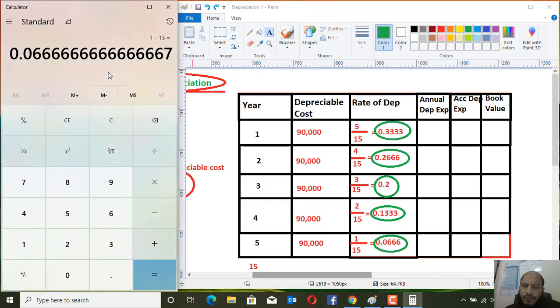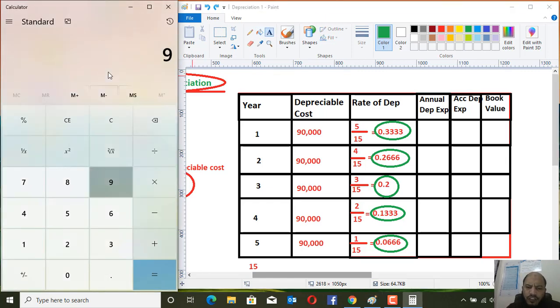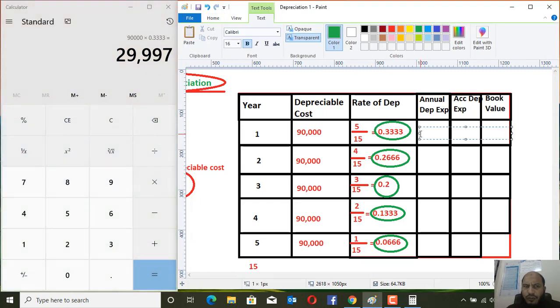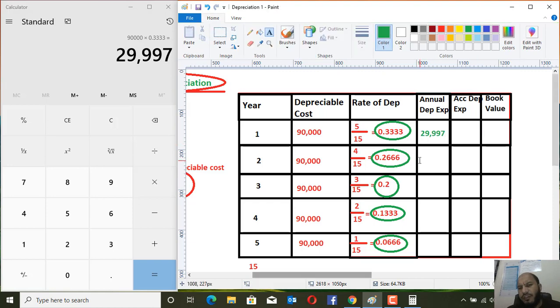Let's practice. We have 90,000 rupees as the depreciable cost, and we multiply that with 0.3333. This is equal to 29,997. This is the year 1 annual depreciation expense.